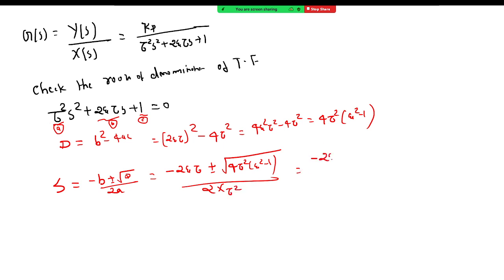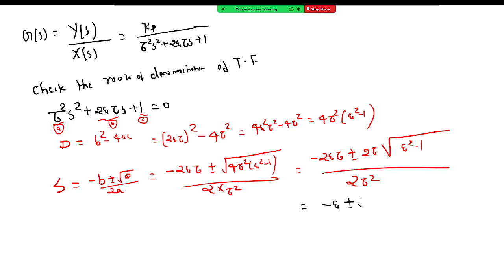From here you can take 4 tau square common, so it will be 2 tau root under zeta square minus 1, divided by 2 tau square. Is it clear? So finally you can cancel out 2 tau, and you get minus zeta plus minus root over zeta square minus 1, divided by tau.